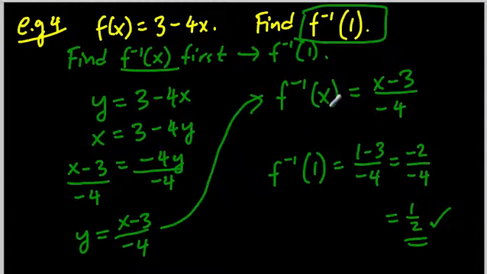Then our last step was we're looking for f inverse of the input 1. So we're going to replace that x with the number 1. And if we replace that x with 1, we're going to have to replace that x with 1 as well. So that's why it became 1 minus 3 divided by negative 4, which is negative 2 divided by negative 4, which is half. And that's our final answer.